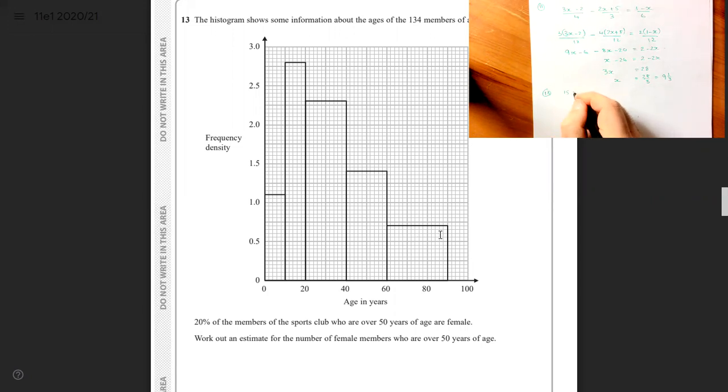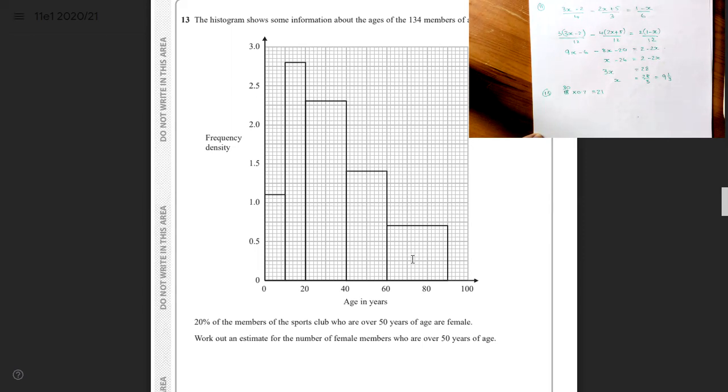Class width isn't 15, class width is 30. So 30 times 0.7 is 21. So there's 21 members in this 60 to 90 age group.